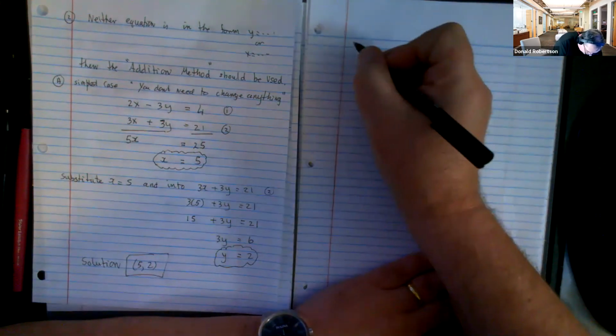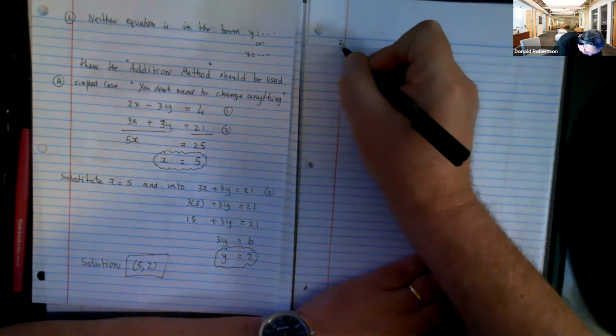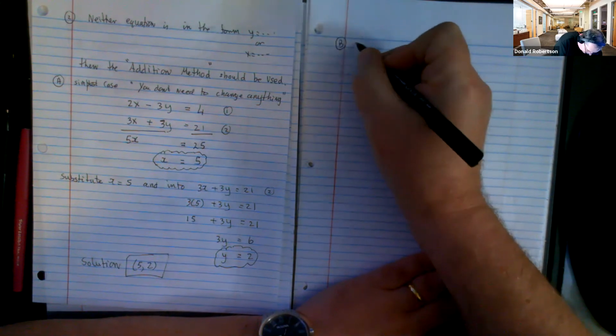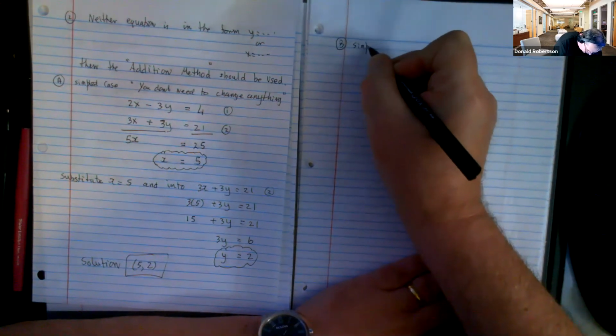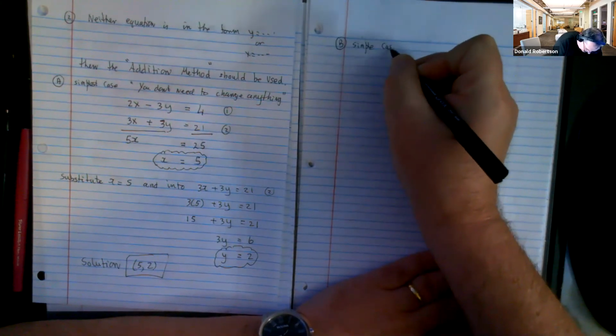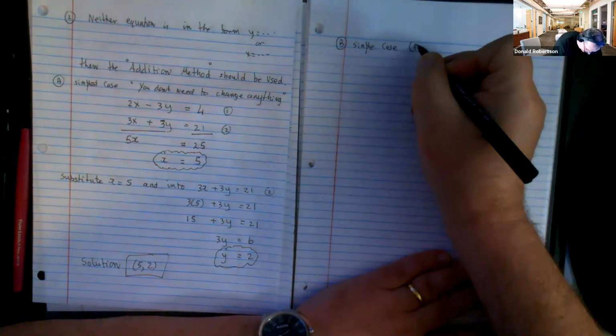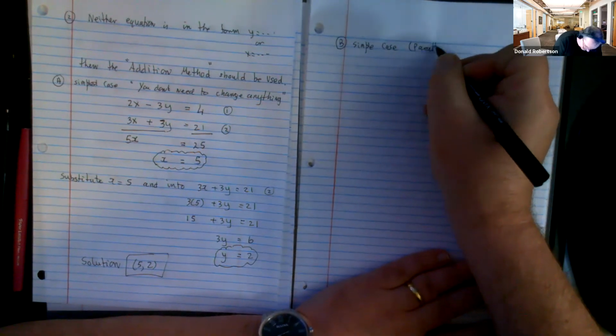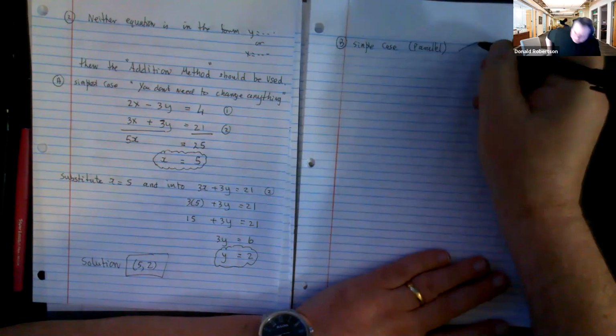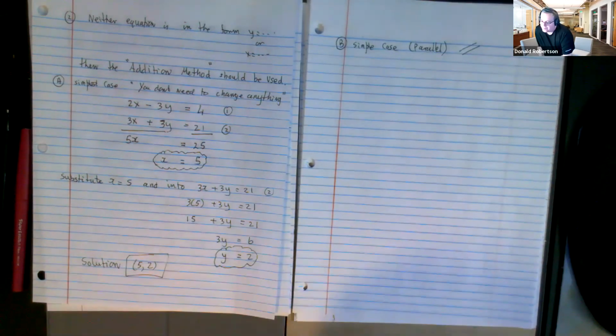Okay, so here is B. Still a simple case, so we don't need to do too much work. But I'll put the word parallel beside it, just to remind us, this is a 2 parallel line situation.